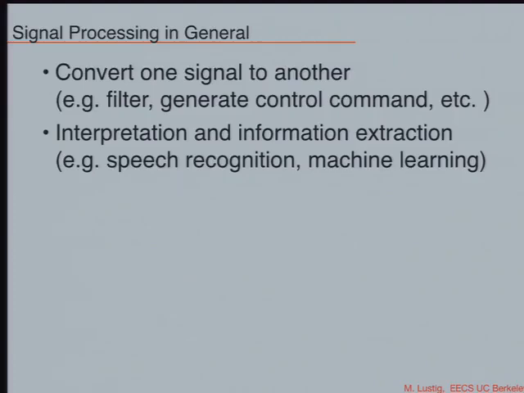Okay, so just filtering, generating some control command, compression, just take something and convert it to another. Or doing interpretation. So this is more the machine learning part of signal processing, like learning something from those signals, what's going on. Okay, so the interpretation part of it.